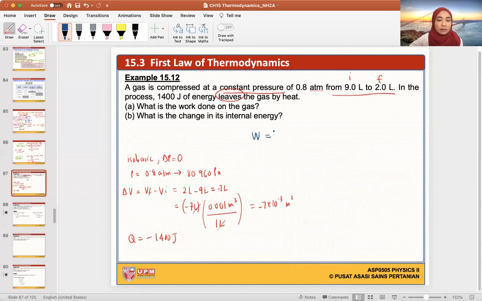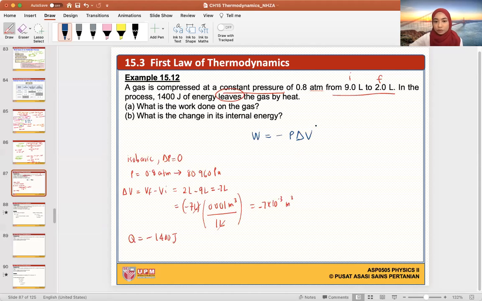It's an isobaric process, so what is the work done equation? Negative P V. You're missing something. Negative P delta V. Thank you, Zafira. Thank you, everyone, for helping. So, negative P delta V.